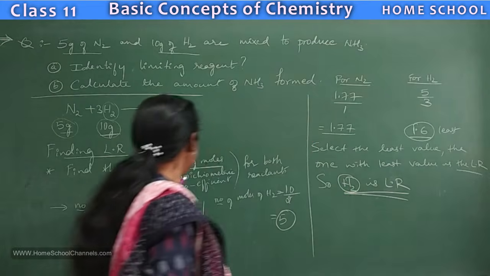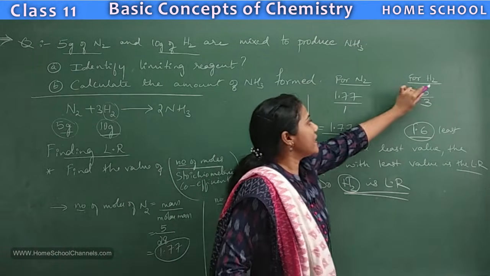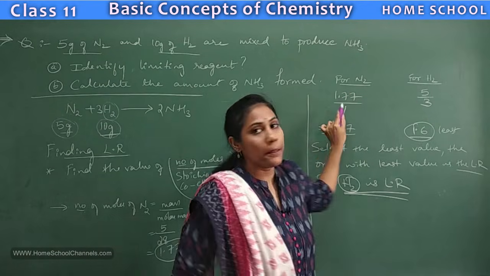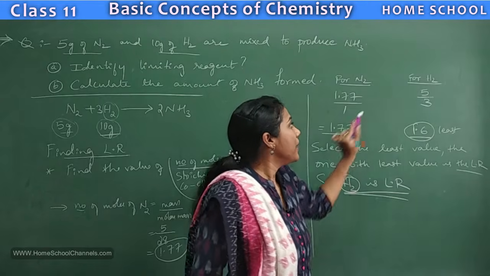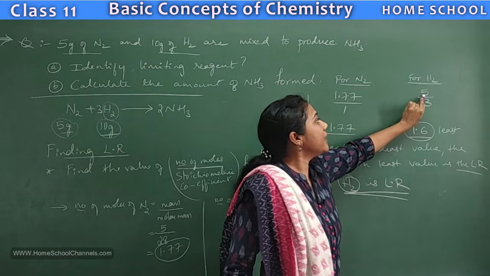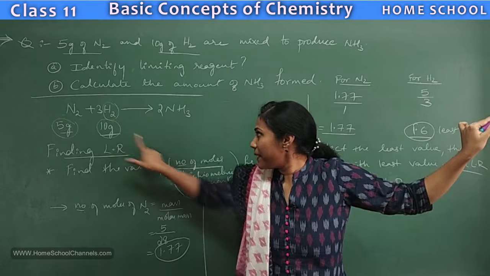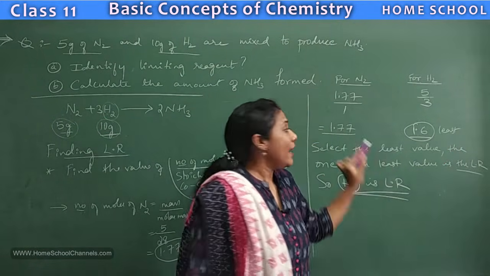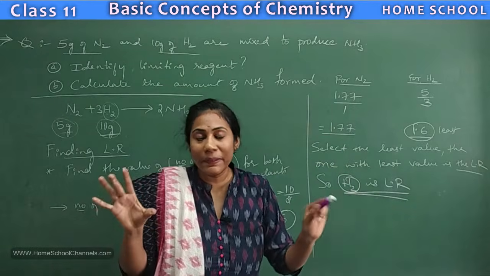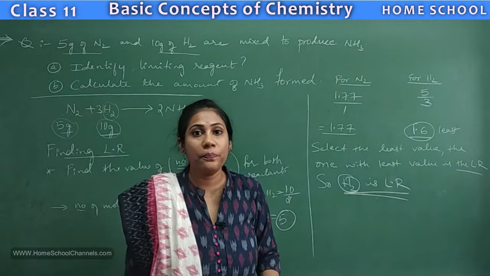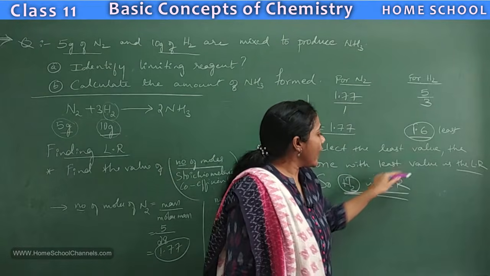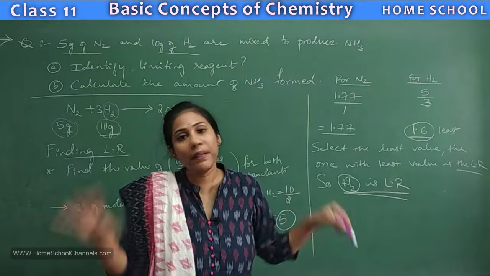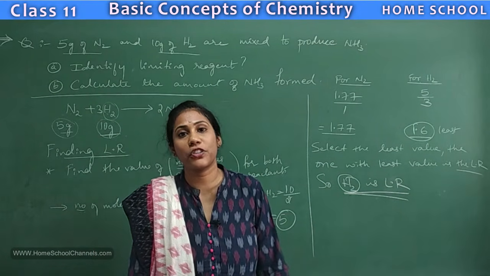For nitrogen, the coefficient is 1, and for hydrogen it is 3. Among the two values, select the less value, and the one which has the less value is considered the limiting reagent. So this is the super trick to identify the limiting reagent.